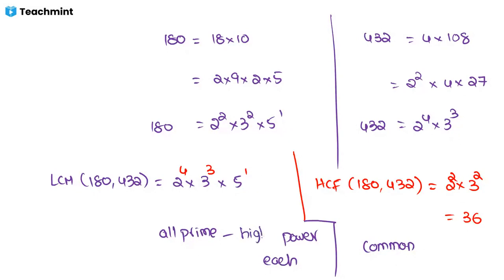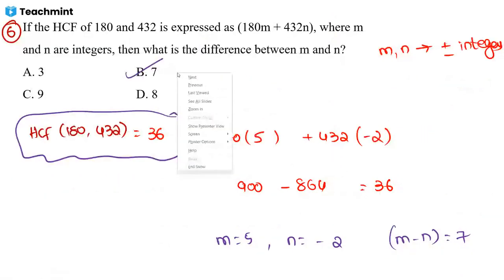Boss, be alert. Common prime numbers, least powers of each one. That's a very important thing here.